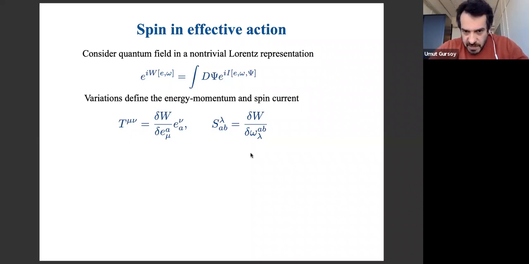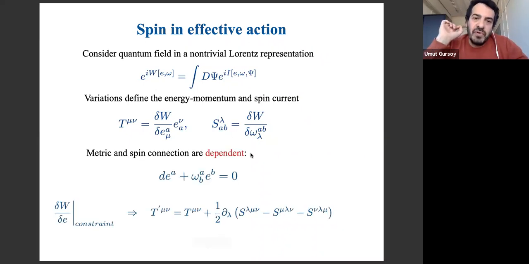So far everything is fine. However, when you make these definitions by making variations, these variations are not really independent of each other in the absence of torsion because of this compatibility condition. So the covariant derivative of the field vielbein with respect to the spin connection should be set to 0 in the absence of torsion.